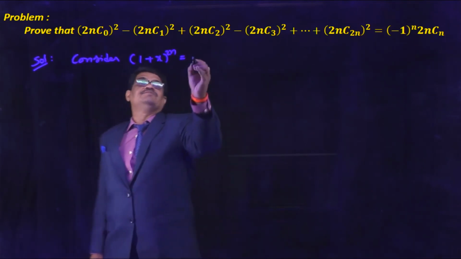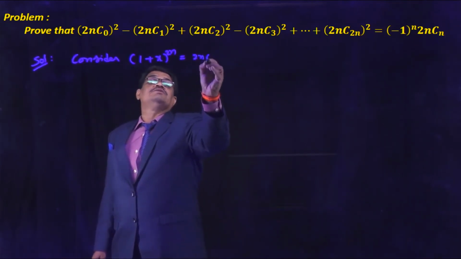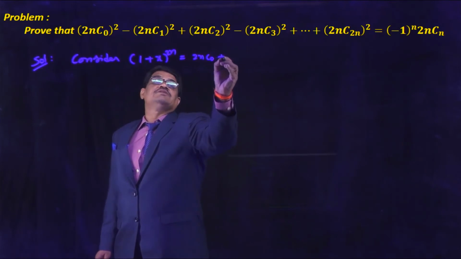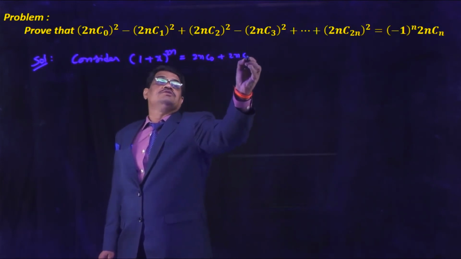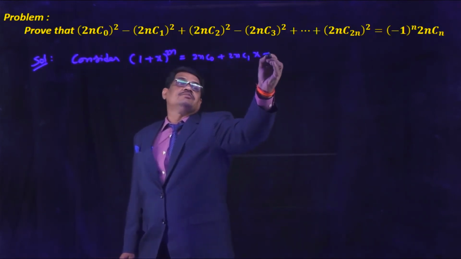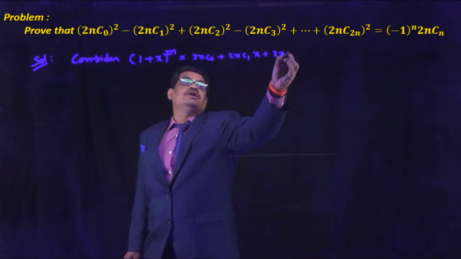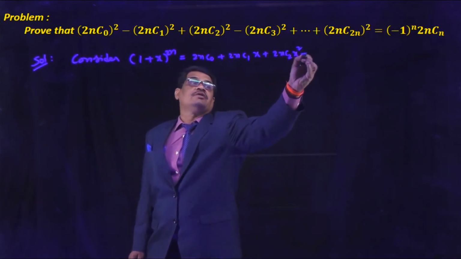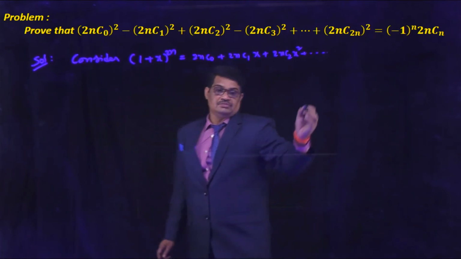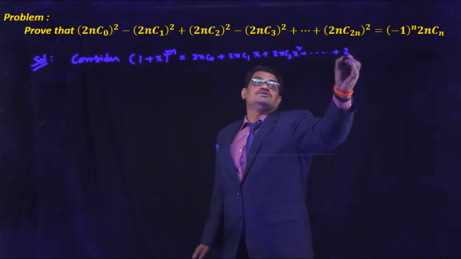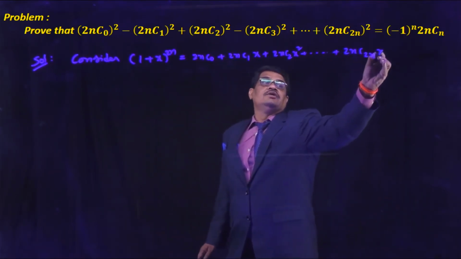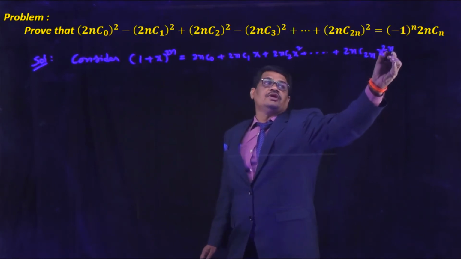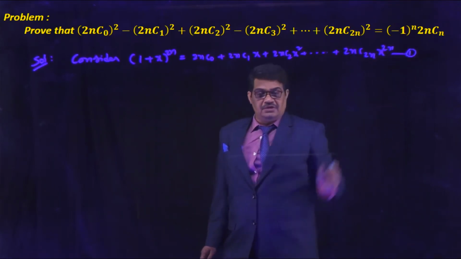That is 2nC0 plus 2nC1 x plus 2nC2 x square and so on, plus 2nC2n x to the power of 2n. Say this is equation 1.